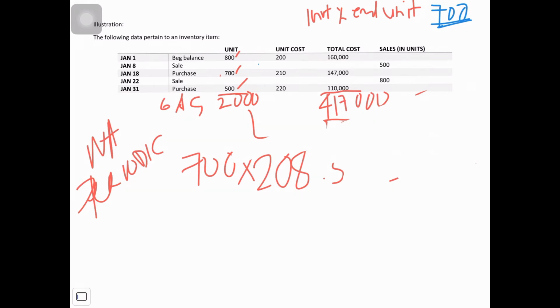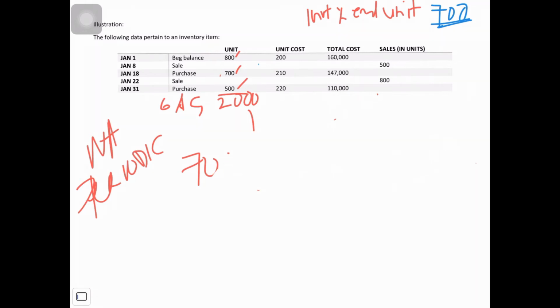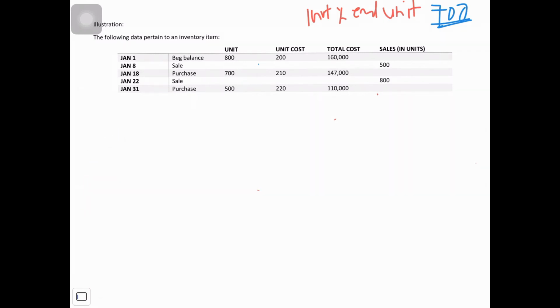So if there is a purchases or there is a purchase return guys, the value of the unit cost would change. It can be shown sa table guys. So the table looks like this.